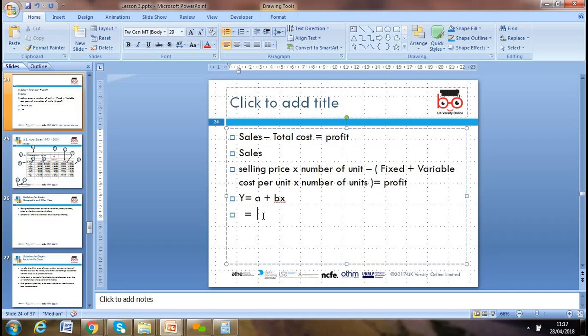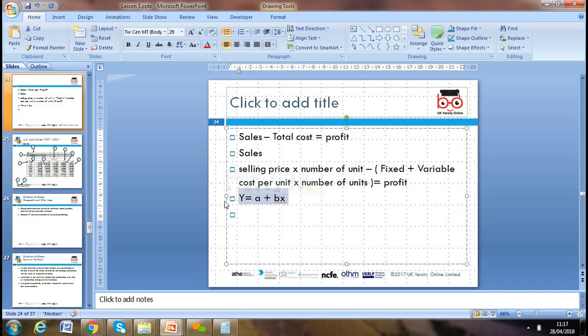A is my fixed cost. I'll go through this equation with you in the next lesson. Normally for profit and loss we use simple sales minus total cost equals gross profit. We can put it in mathematical terms as well.